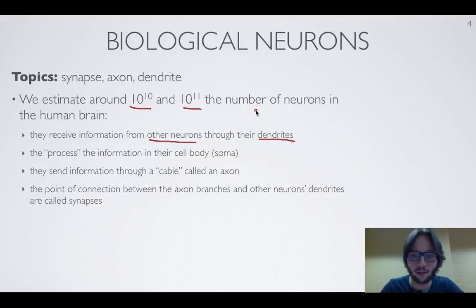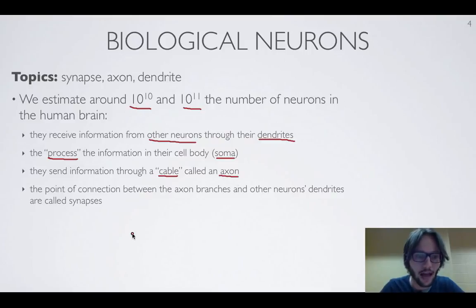So dendrites are kind of like the ears of the neurons, so a neuron receives the information from the other neurons it is connected to. And then information that comes from these dendrites is processed within the cell body of the neuron, which is called the soma. Then the neuron will send information through a cable, quote unquote, which is called the axon.